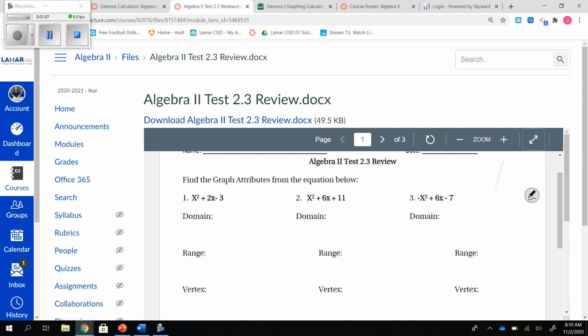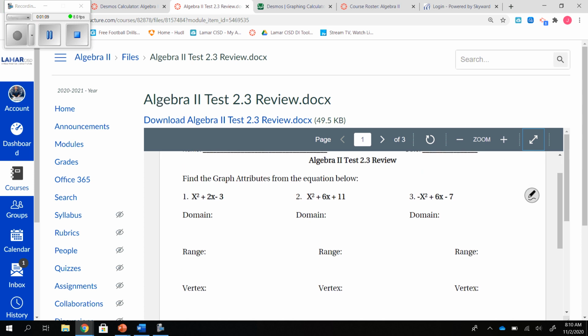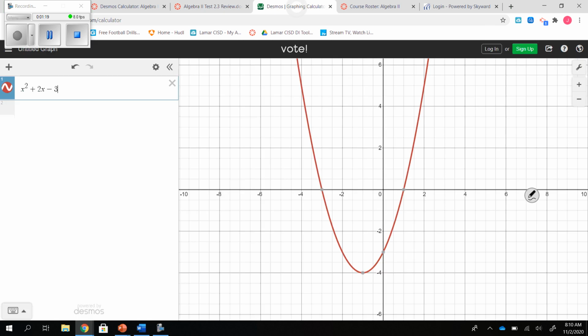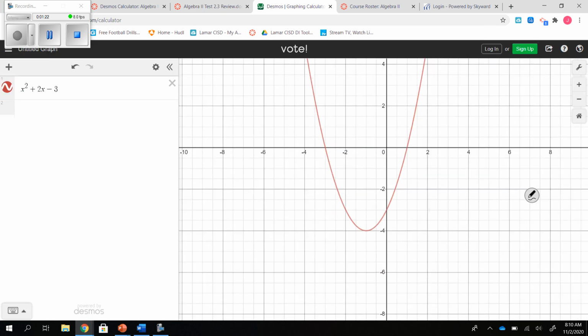Of course, the first question was the domain. The domain is always negative infinity to infinity or all real numbers. You might see it say all real numbers on the test. That's the answer. The range is the y value. So let's click back. We have a lowest possible point, which is right here. And it even tells you it's -1, -4. We're going to need that later.